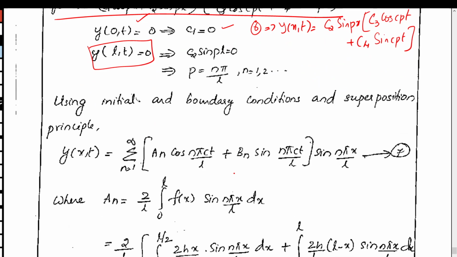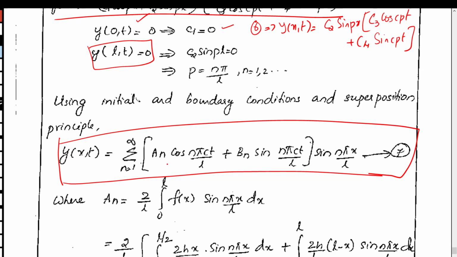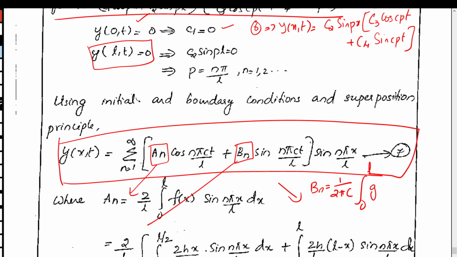Now, applying the boundary conditions and the superposition principle, the general solution reduces to y x t is equal to sigma n equal to 1 to infinity an cos n pi ct by L plus bn sin n pi ct by L into sin n pi x by L, where an is calculated by the formula 2 by L into integral 0 to L f of x into sin n pi x by L dx, and bn is calculated by the formula bn is equal to 1 by n pi c into integral 0 to L g of x into sin n pi x by L dx.